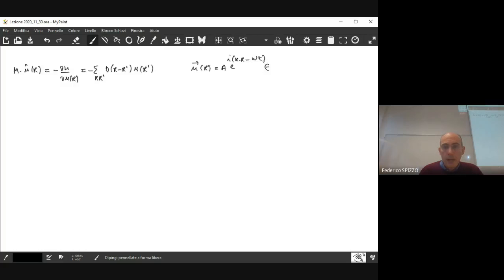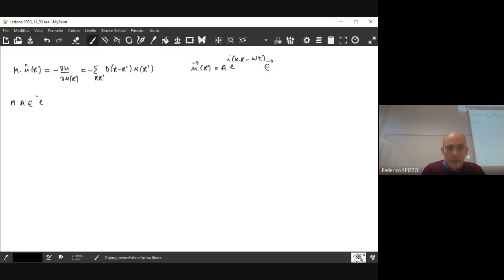Again, u and e are vectors. From now on, I will not always use the vector sign, but please keep in mind that u and e are always vectors. So in this case, I have m times the amplitude times the vector.